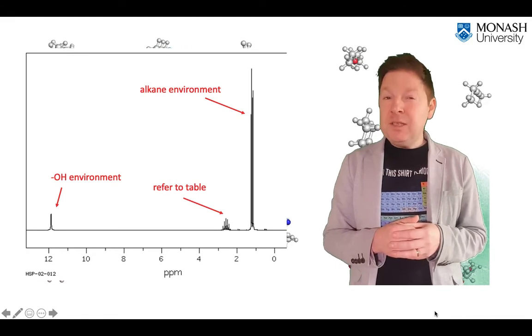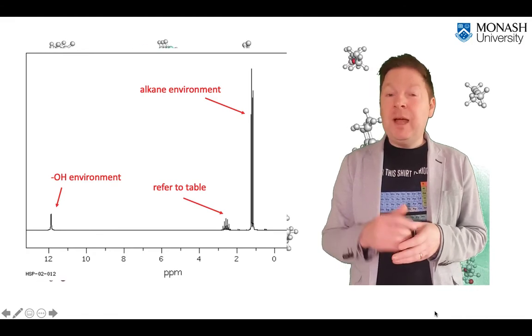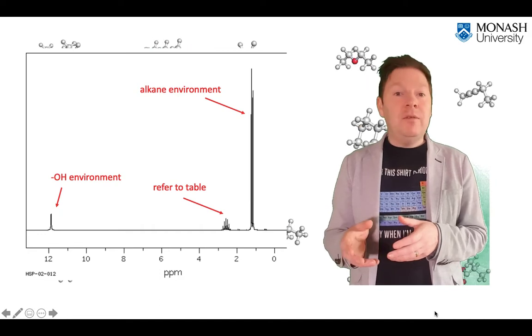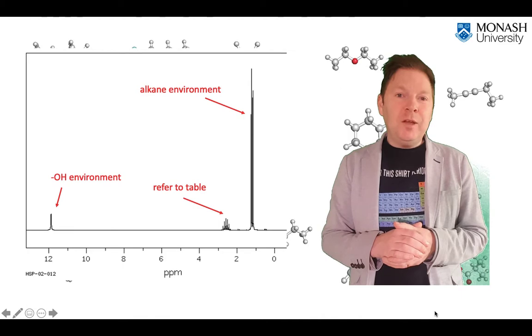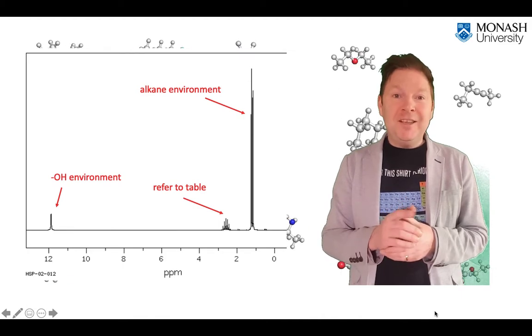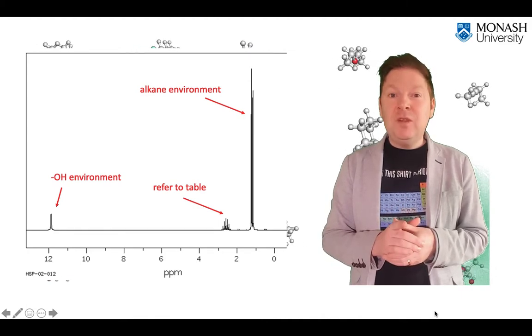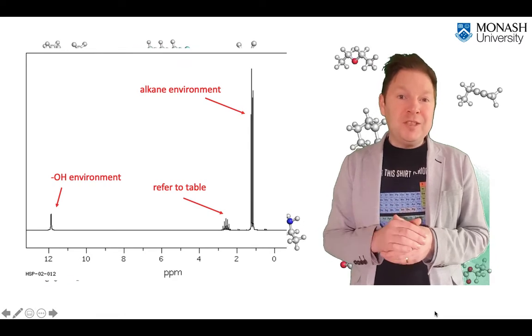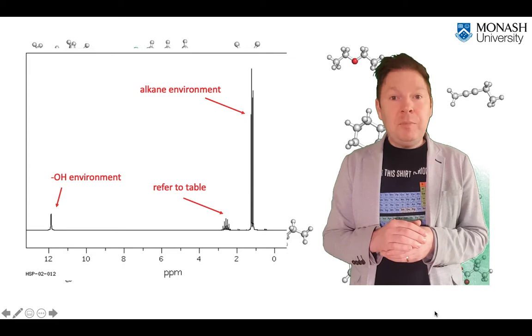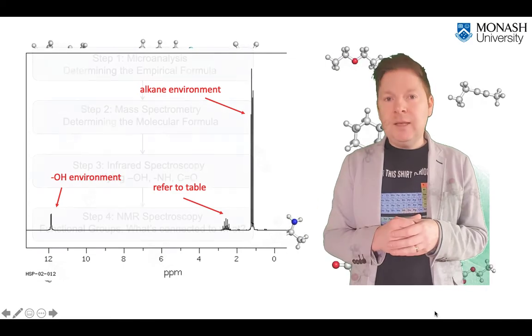In fact, it's most indicative of an OH group in a carboxylic acid rather than an alcohol. And if you think about the clues that we got from the infrared spectrum, that checks out. The infrared spectrum we were talking about in the previous video seemed to be suggesting it was a carboxylic acid. These spectra are for the same molecule, so you can see how the puzzle is all starting to come together.